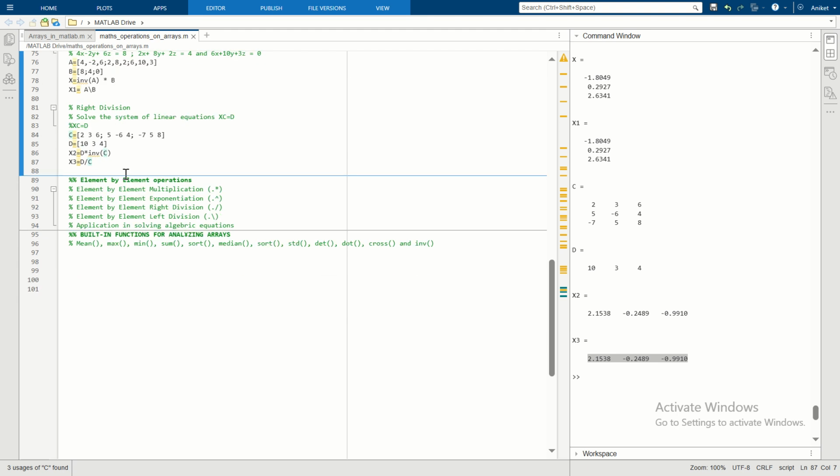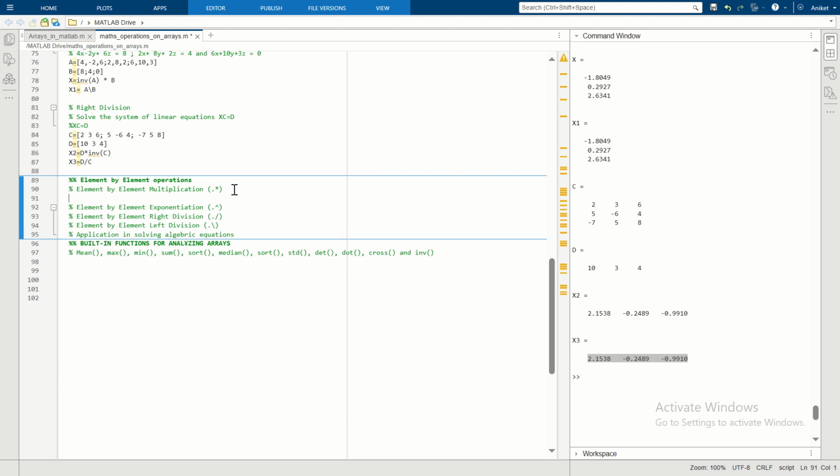Okay, so let's go to the element by element operations. Now up to this we have seen the multiplication by the rules of linear algebra.